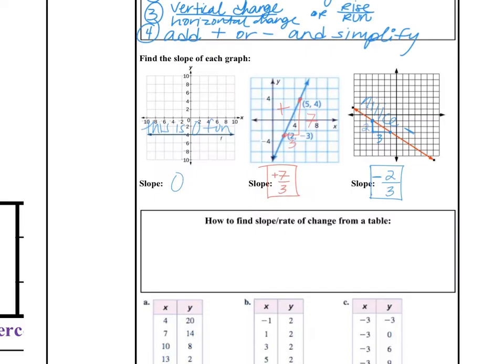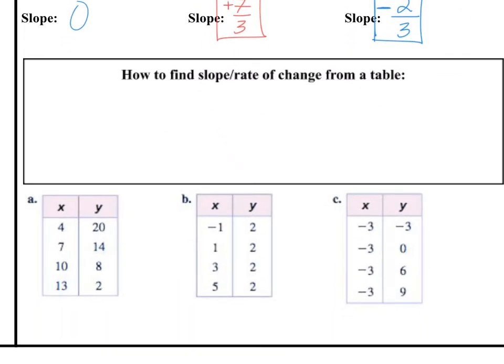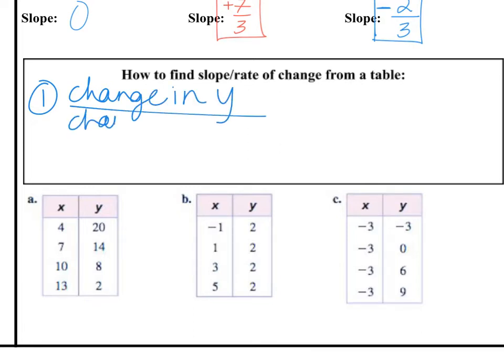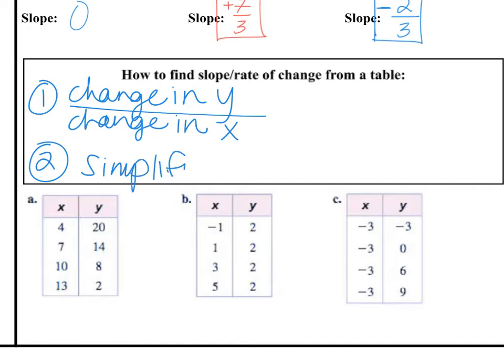All right, looking for change in y over change in x. You will write your slope as a fraction. And then please simplify it, or divide it if it's a word problem, typically.